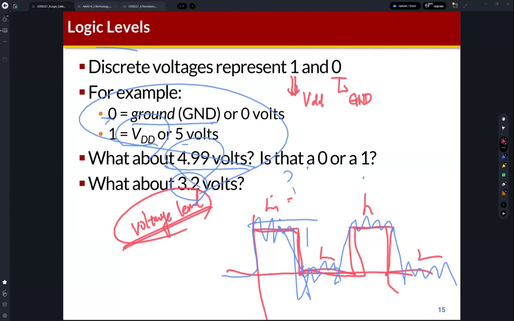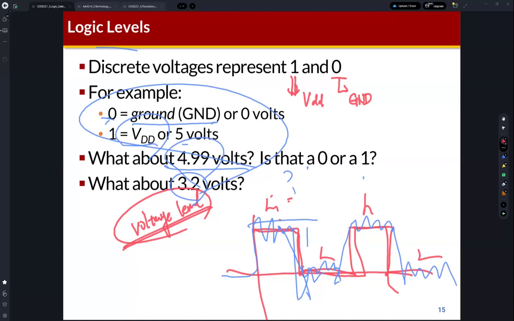It's not digital. Based on the digital design concept, we just think that high voltage is 1 and low voltage, or ground, is 0. But actually, we need to decide which range of voltage is 1 and which range of voltage is 0 in the real circuit.